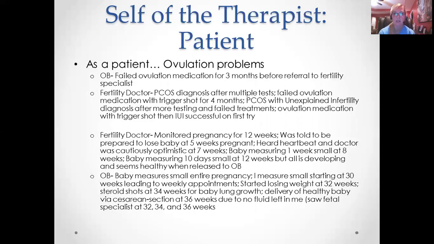That was interesting because when we did the more extensive testing, he was fairly convinced that the IUI would not be successful. For what I was diagnosed with, even with the unexplained infertility, they gave me a 1% chance increase of getting pregnant. So we were up to about an 8 to 10% chance that we would get pregnant.